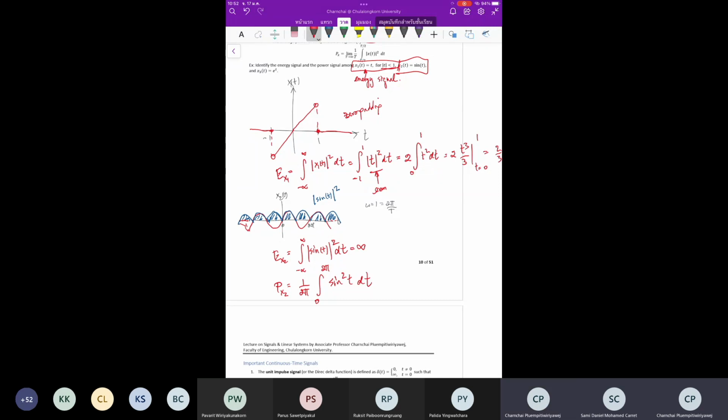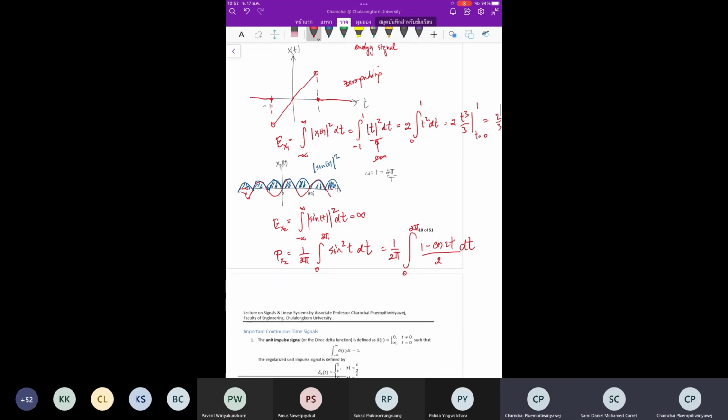Change sin squared to (1 minus cos 2t) divided by 2. So we got 1 over 2 pi, integral of (1 minus cosine 2t), the whole thing divided by 2, dt from 0 to 2 pi.